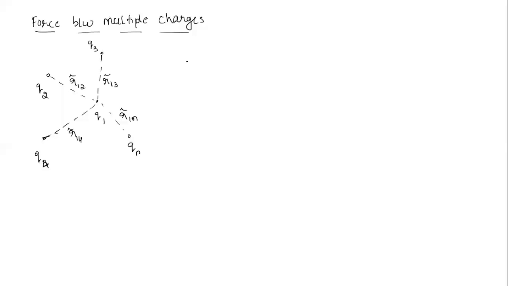Now look at the force between Q1 and Q2. We need to find the force on Q1 due to the remaining charges. So force between Q1 and Q2, or I can say in this way, force on Q1 due to Q2.